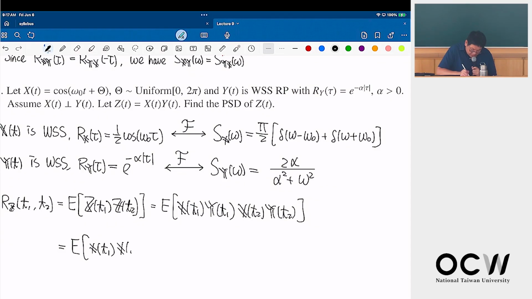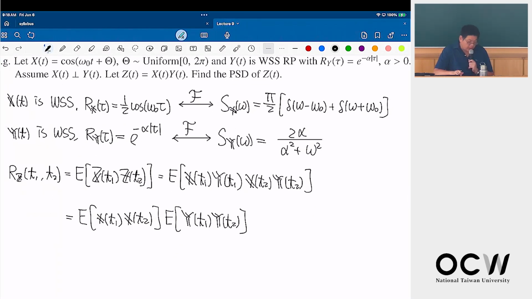So that is the expectation of x, and then I multiply by the expectation of y. Since x and y are wide-sense stationary, that is the autocorrelation with the time difference, first minus the second, and also for y, first minus second.